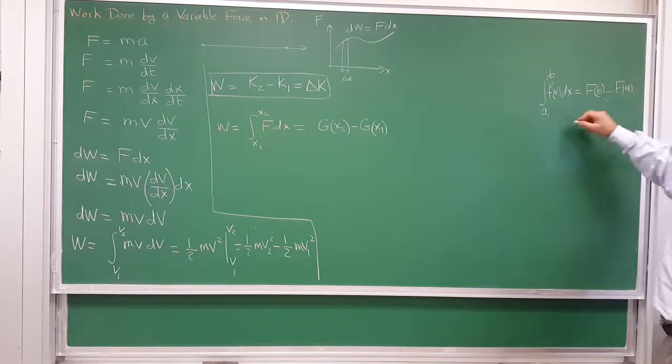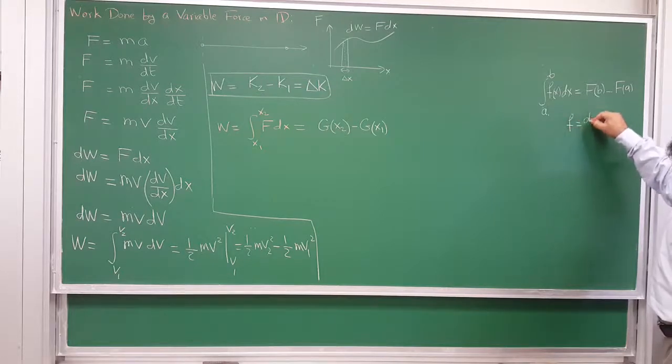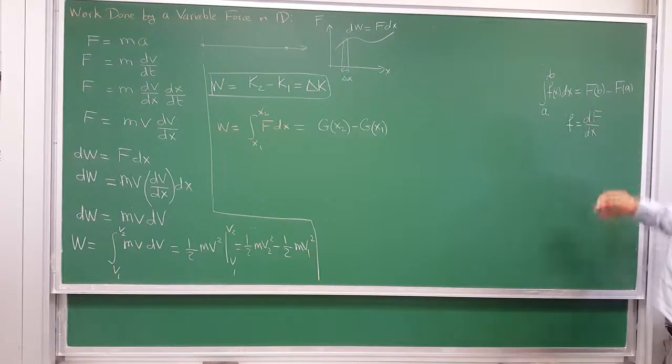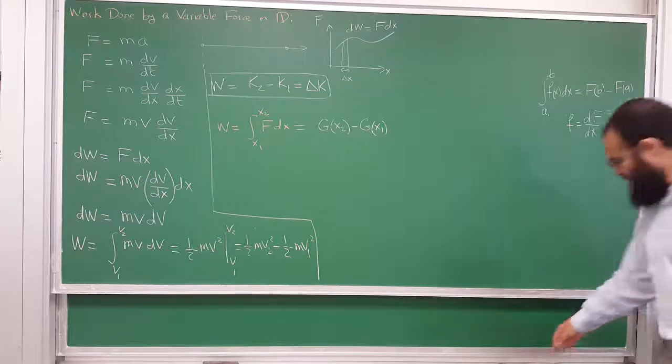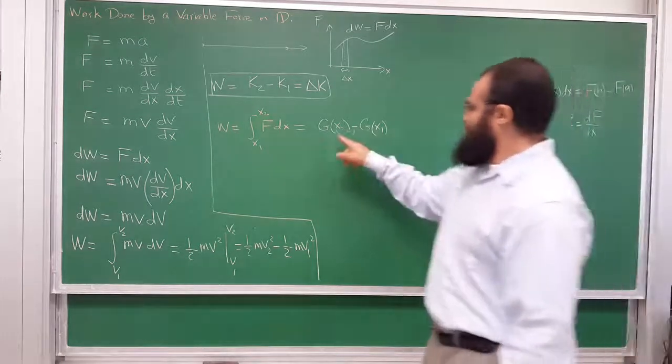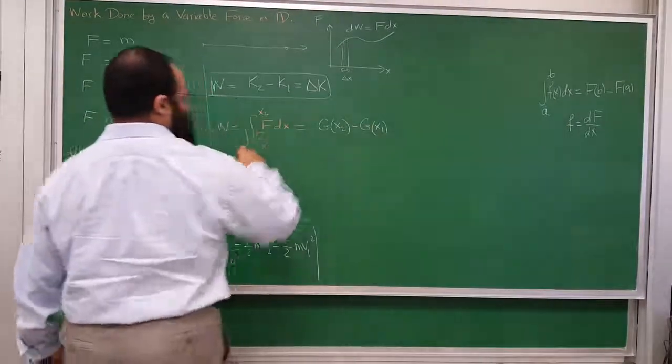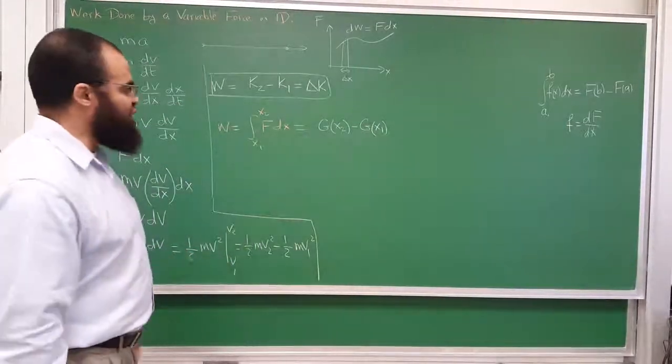That's how you would see it, where little f is equal to dF/dx, and capital F is any antiderivative of f. And so here, capital G is any antiderivative of f.